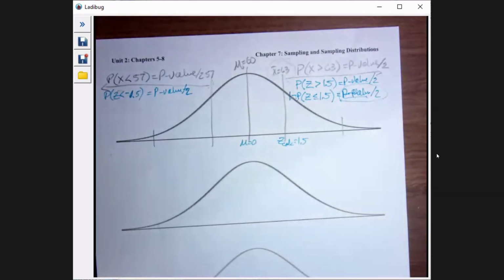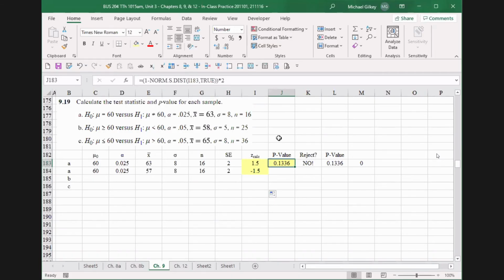No. Okay, notice you have to be very careful when you're doing a two-tailed test, because you could get a value above the mean or below the mean, and how you calculate the p-value is different in each case. In either case, we still have to multiply by 2.